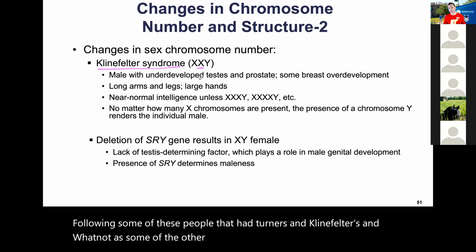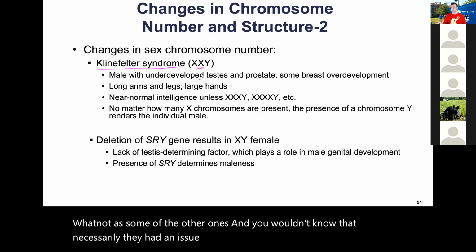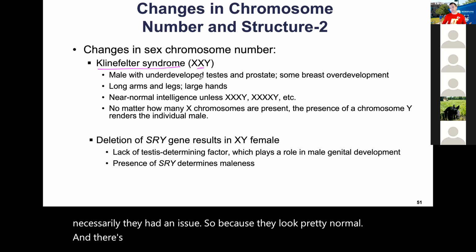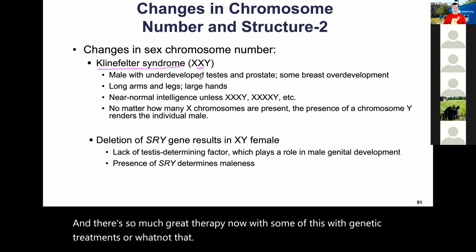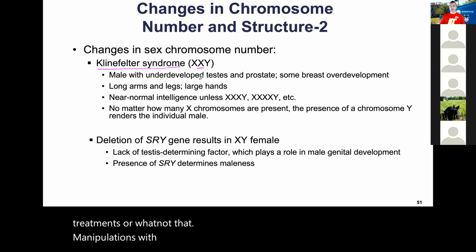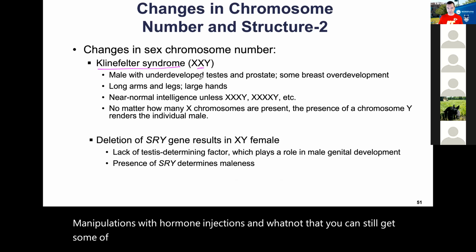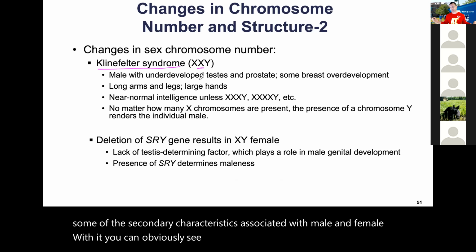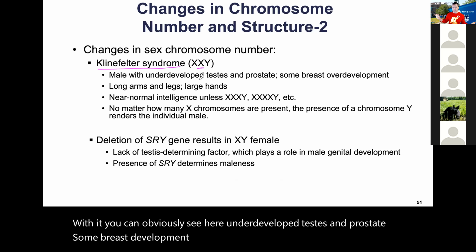You wouldn't know necessarily that they had an issue, because they look pretty normal, and there's so much great therapy now with genetic treatments and manipulations with hormone injections that you can still get some of the secondary characteristics associated with a male and a female. You can obviously see here underdeveloped testes and prostate. Some breast development can occur with these males.